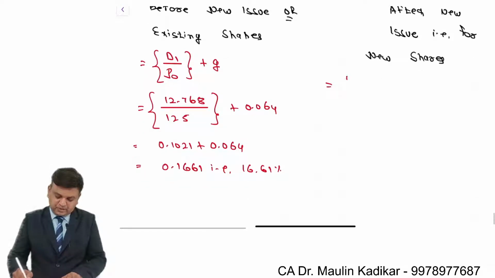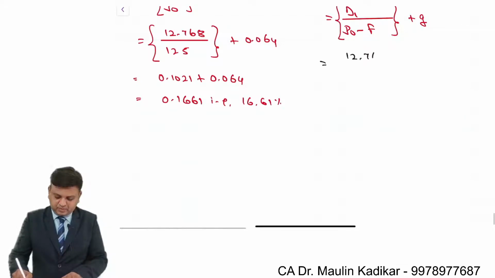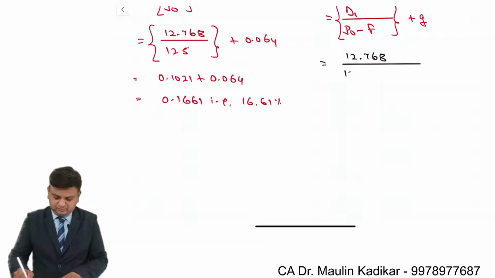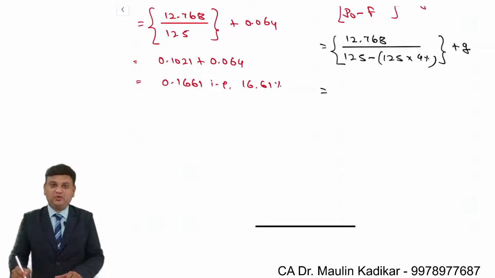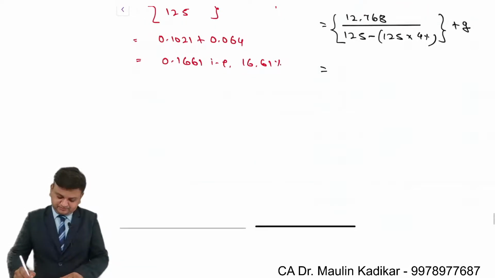Next, over here D1 upon P0 minus flotation cost plus growth rate. So 12.768 upon 125 minus 125 into 4 percentage. Language of the question is very clear over here. There is no ambiguity about how to compute the flotation cost. So 125 into 4% comes to 5 rupees.